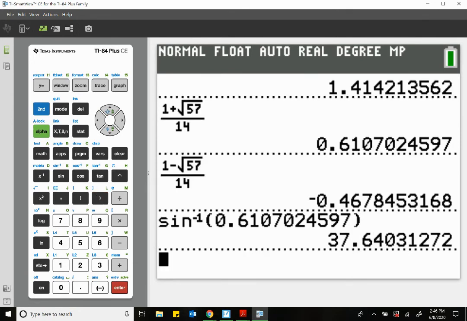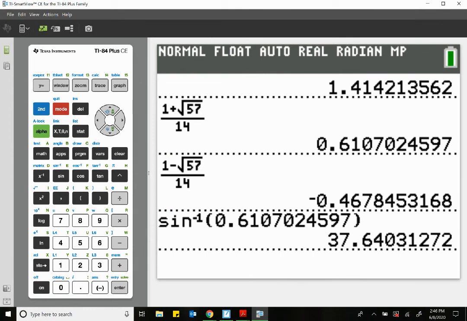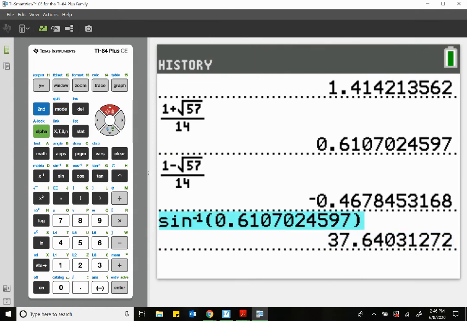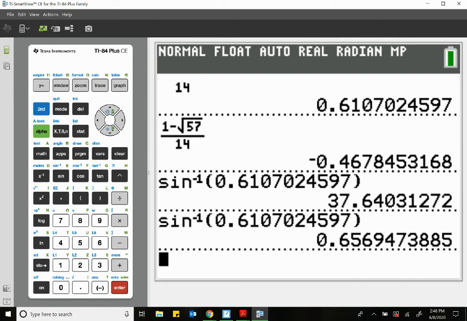Now that's in degrees. I want to be in radians, so I should have checked that beforehand. So I'm going to scroll down, radians, and I'm just going to rerun that. There's my number in radians.